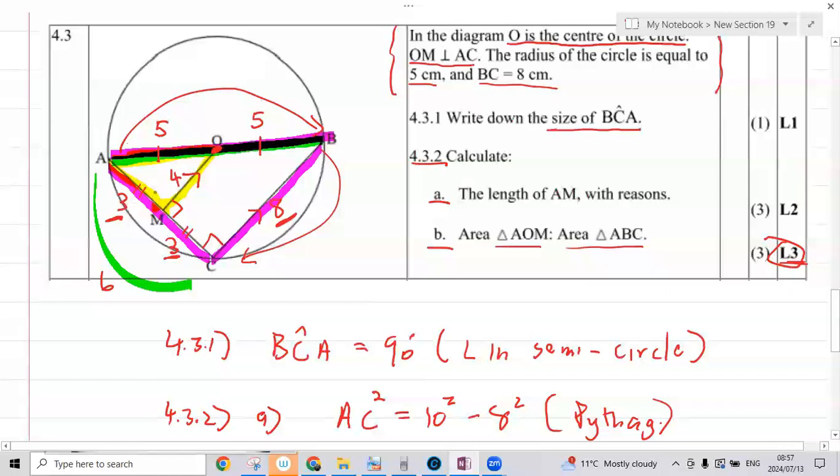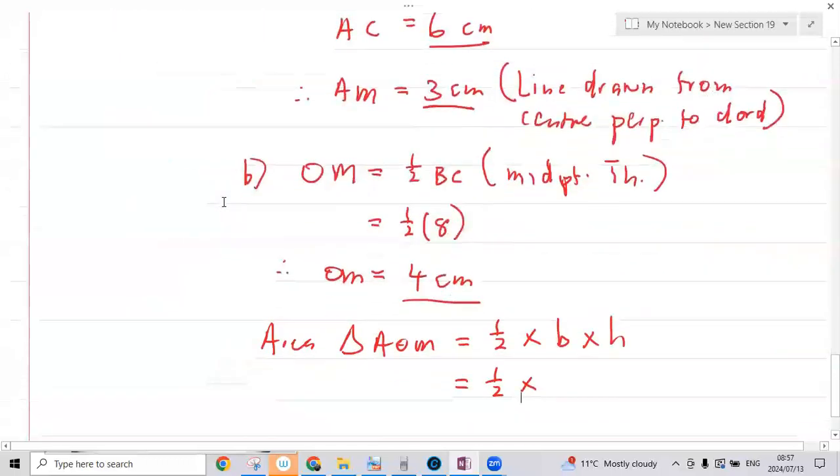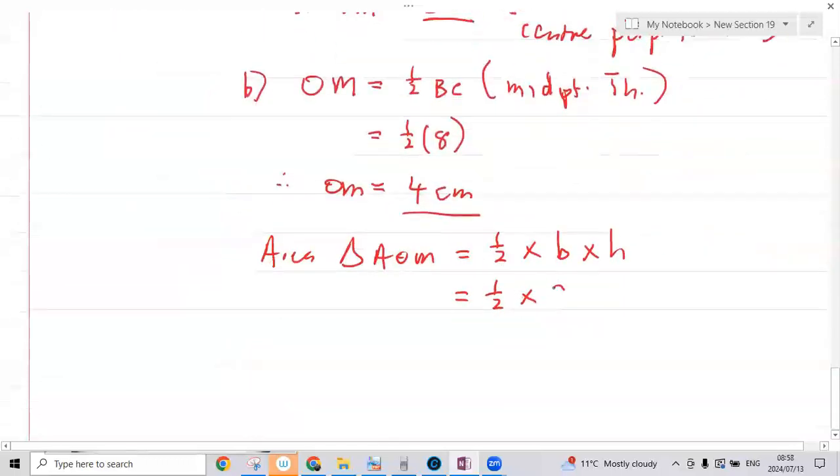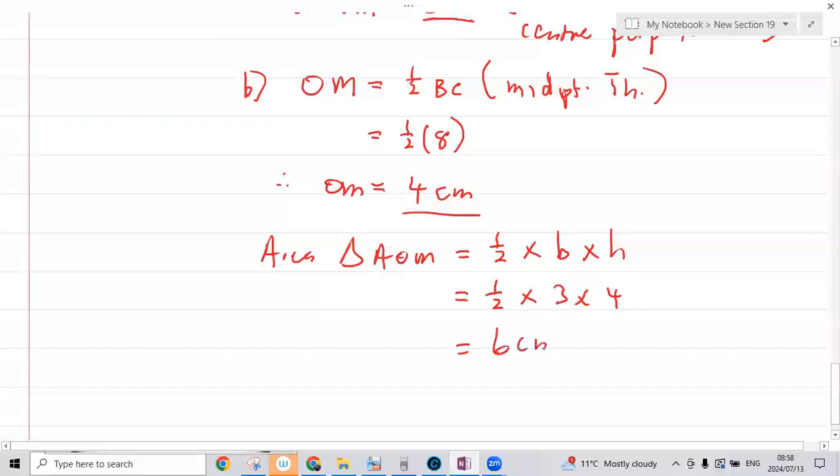But it has to be around your 90-degree angle there. So it'll be half times 3 times 4. And that should give us half of 4 is 2, times 3, 6 centimeters squared. So we got here now the triangle AOM, 6 centimeters squared.